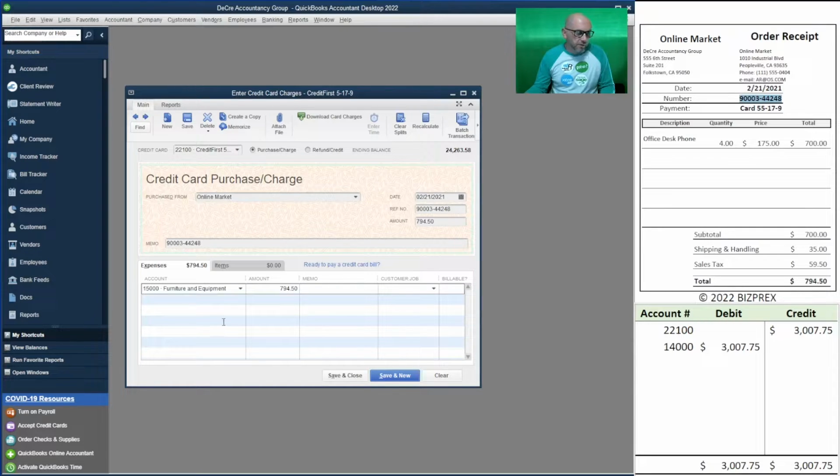I mean, somebody could argue it could go under computer equipment. It's a desk phone. They last forever nowadays. I mean, they don't need many changes, although some people would argue otherwise. Anyway, what we have here is, again, our furniture and equipment. It's an asset. It goes up. It is debited.